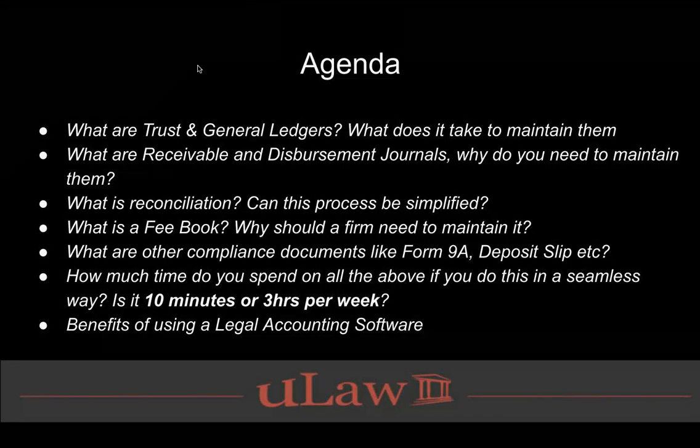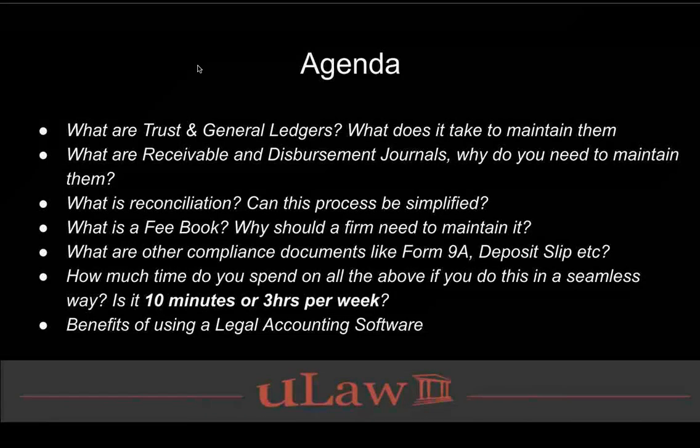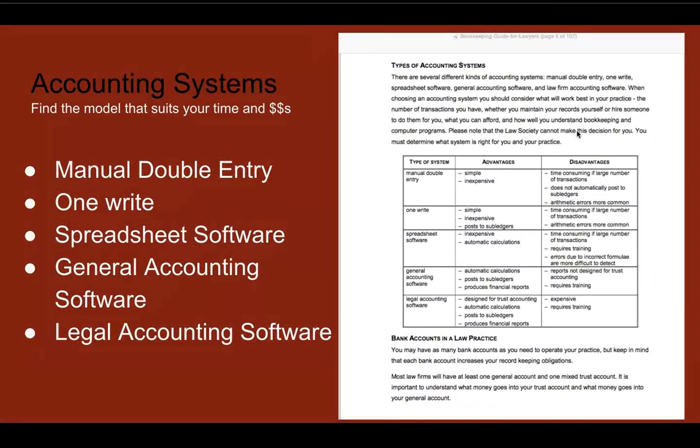And to keep the process simple, certain things you could be doing: definitely have a software that will help you with data entry and also with double entry bookkeeping, in the sense you are no more doing things manually. You don't have to sit and write entries, or do them in a spreadsheet or even in a general accounting software, which will not give you the reports that you would need.